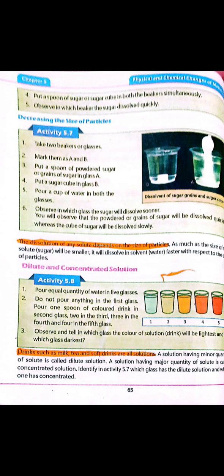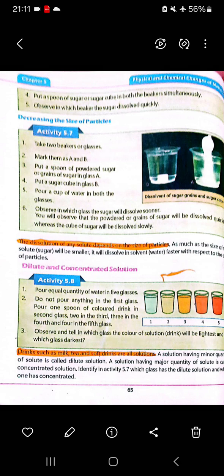So in the first beaker, the solution will be a dilute solution because it has less amount of solute. In the second beaker, the solution will be a concentrated solution because it has more solute in it. So these are the examples of dilute and concentrated solution.